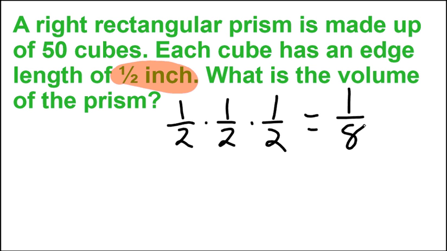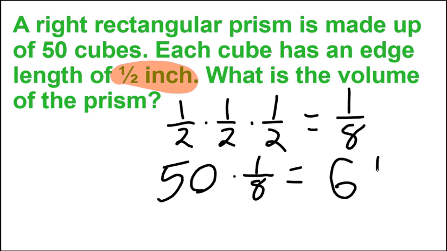Now, like I said, we're doing the opposite, so we're multiplying. We've got 50 cubes times our volume. This is going to end up as not a whole number. And that is the volume of our prism.